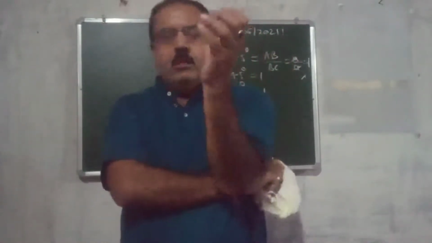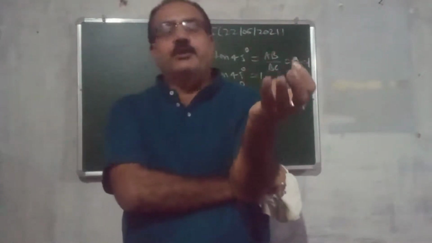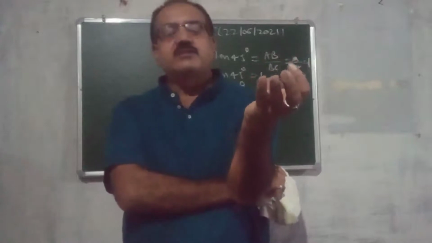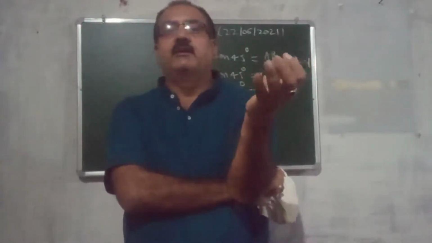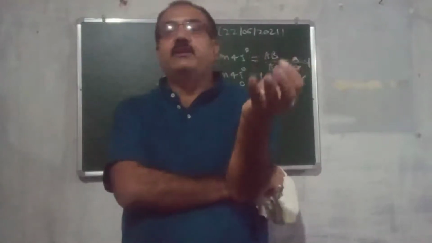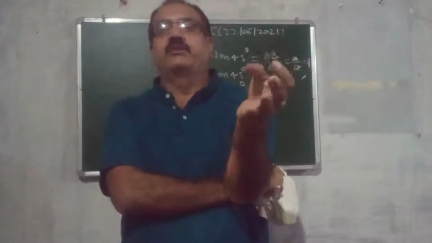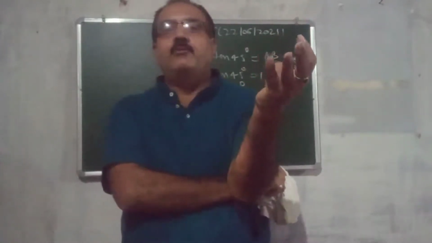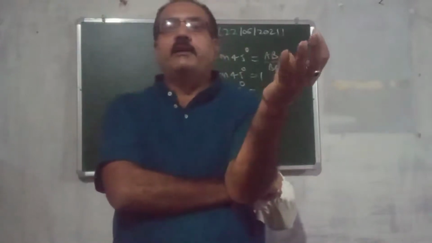So once again recall it. Sin 30 is 1 by 2, cos 30 is root 3 by 2, tan 30 is 1 by root 3, sin 60 is root 3 by 2, cos 60 is 1 by 2, tan 60 is root 3, sin 45 is 1 by root 2, cos 45 is 1 by root 2, tan 45 is 1.